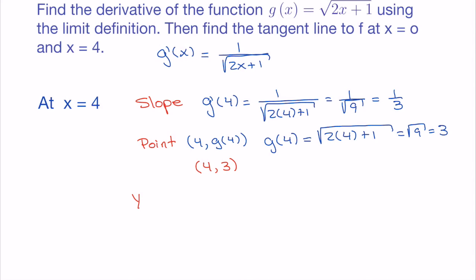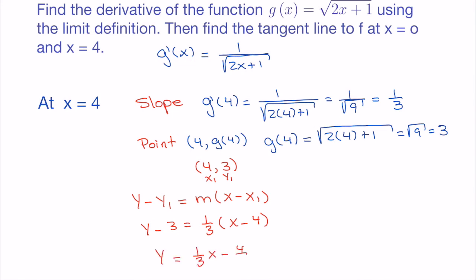To find the tangent line, we use the point slope form of the line, y minus y1 equals m times x minus x1. Recall this is x1, this is y1. So this is y minus 3 equals 1/3 times x minus 4. Then y equals 1/3 x minus 4/3, and I'm adding the 3 on both sides, plus 3.